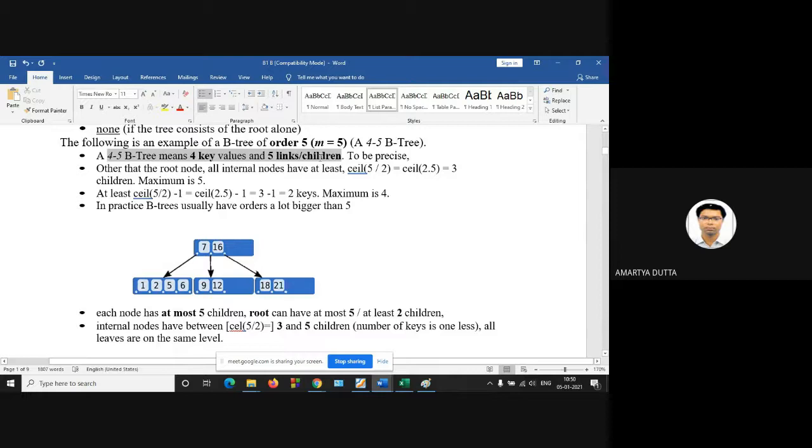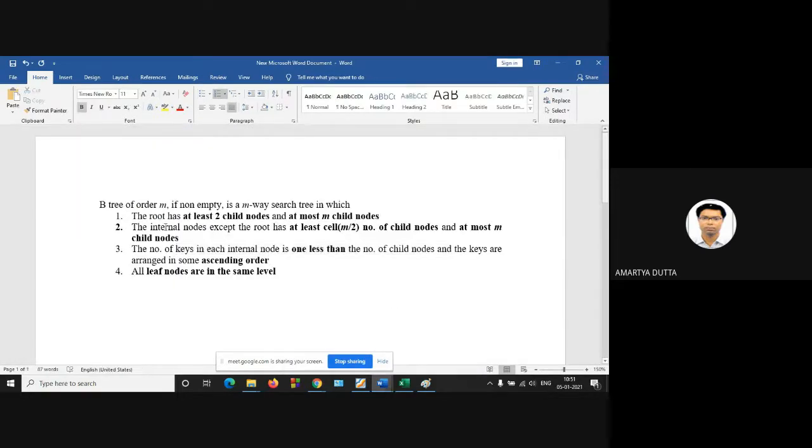Other than the root, all internal nodes have at least ceiling of m by 2. Ceiling of 5 by 2, that is 2.5, its ceiling value is 3.